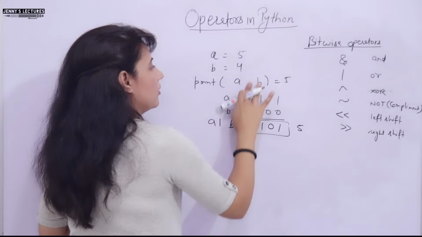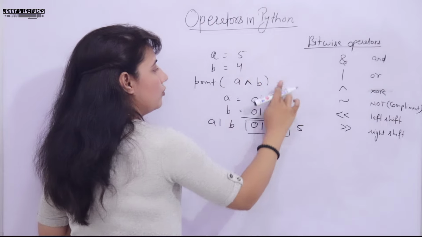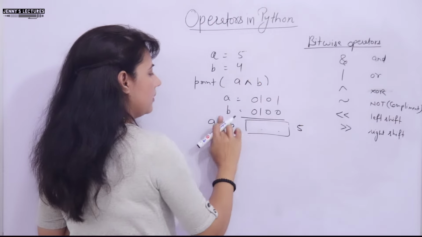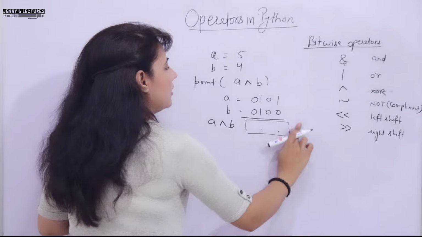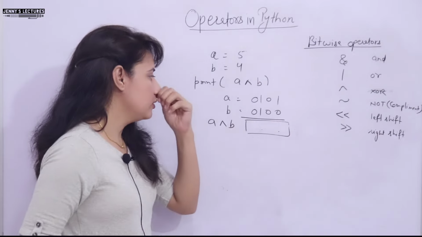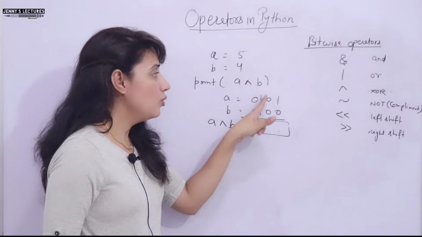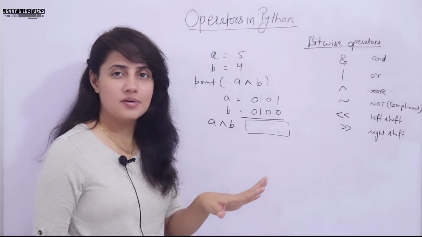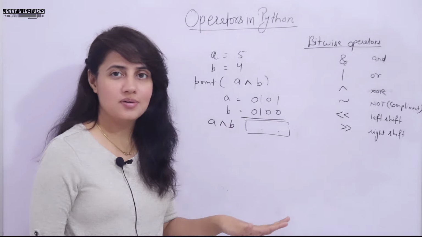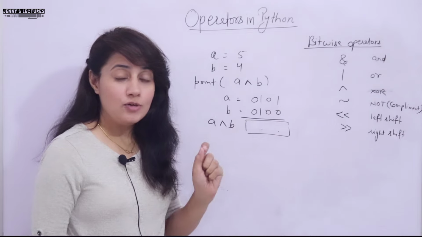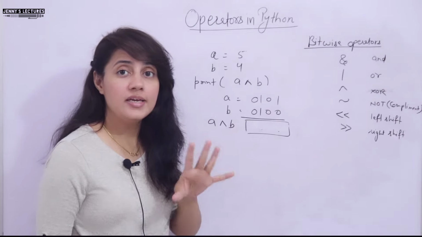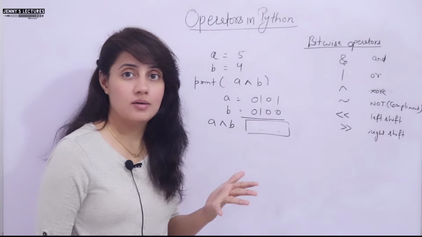Now bitwise XOR. What would be the output? See, bitwise XOR means what? If both the bits are same, then it will give 0. It will give 1 only if bits are different.